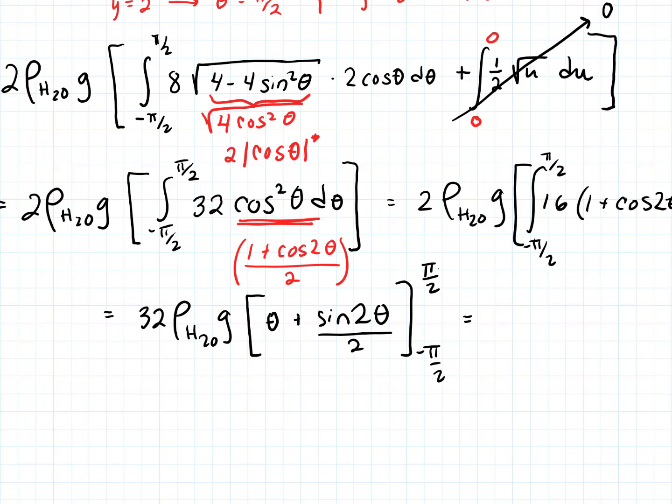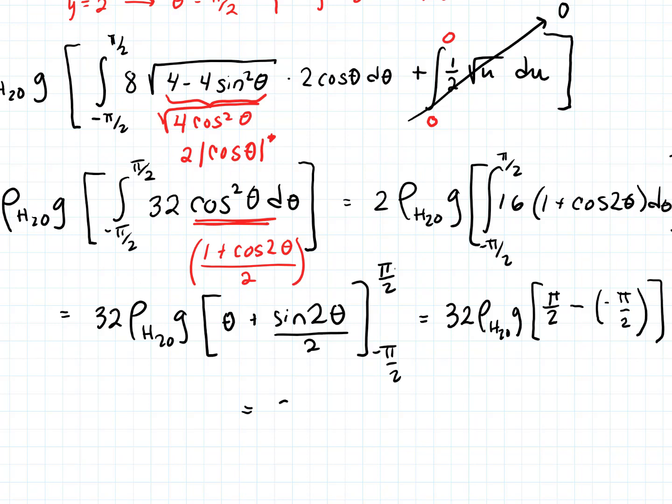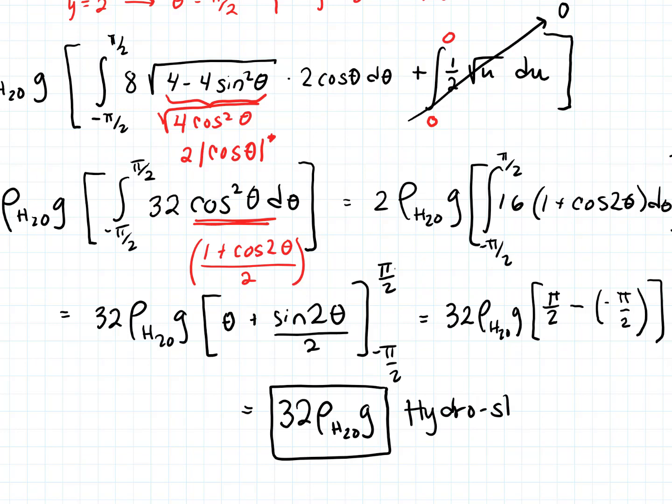When I do that calculation, I'm going to end up with 32 rho of H2O G, and I end up with pi over 2 plus 0 minus a negative pi over 2 plus 0. And so that becomes 32 rho of H2O times gravity. And that is my answer for the hydrostatic force on the end of that cylindrical drum.